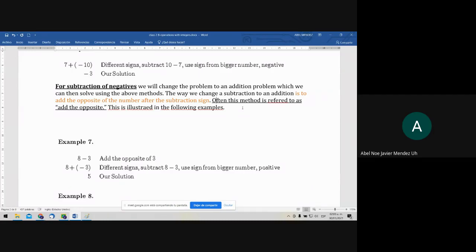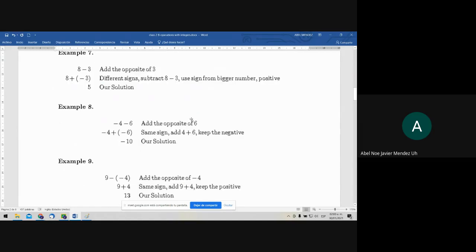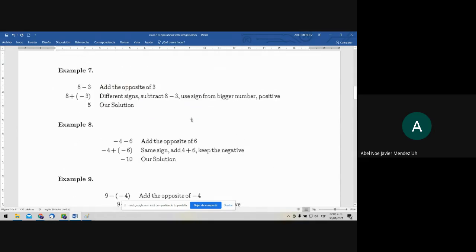Okay, because we need to add the opposite. This is illustrated in the following examples. Okay, example number 7, we have here a subtraction. What are we gonna do?